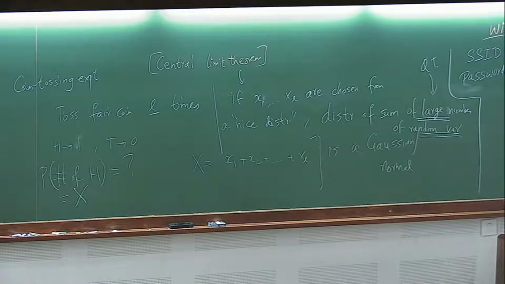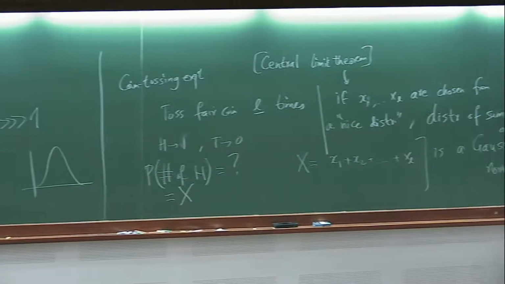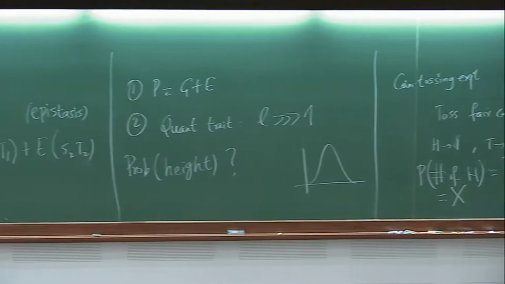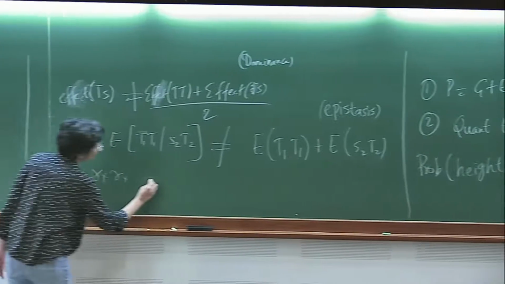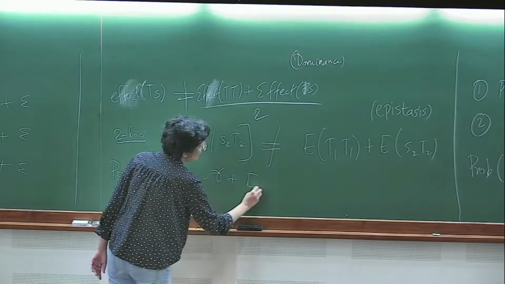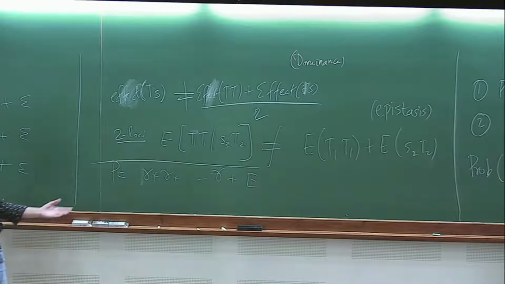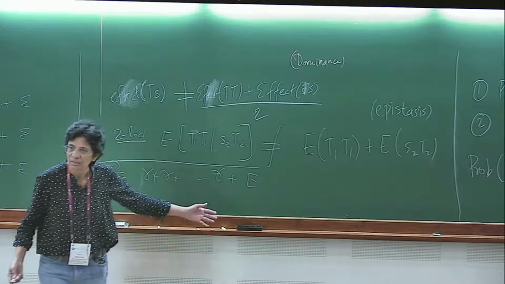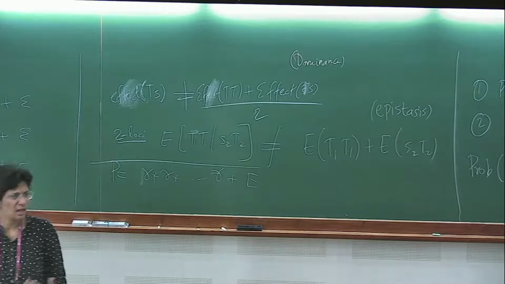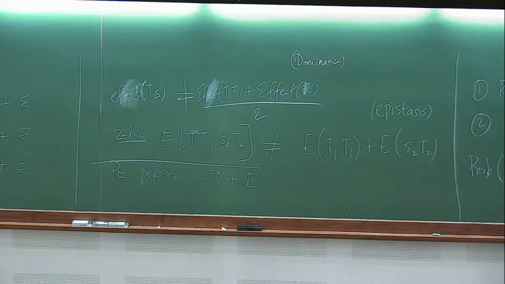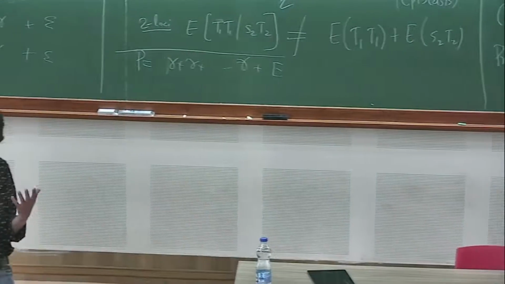I am calculating this P of gamma, maybe it's gamma for TTTTT, right? Plus some E, right? Where is randomness in this? I'm adding lots of gammas, no? 100 gammas plus E. How is that a random variable? Is it a random variable? Because E is the random variable.